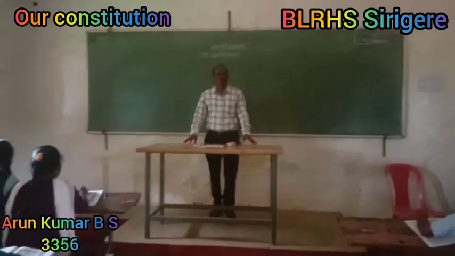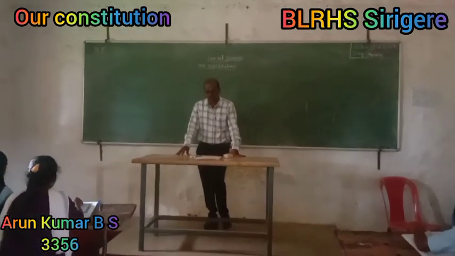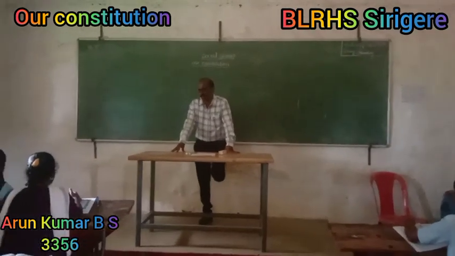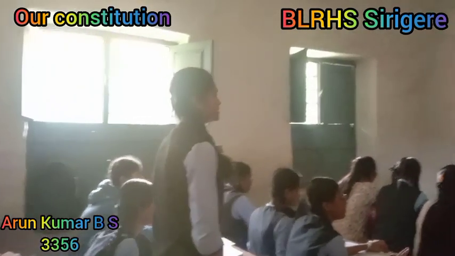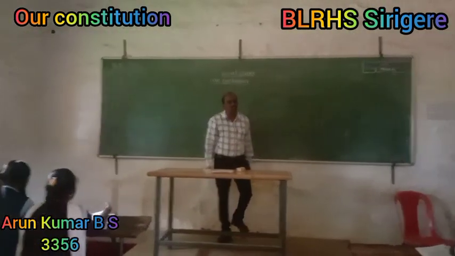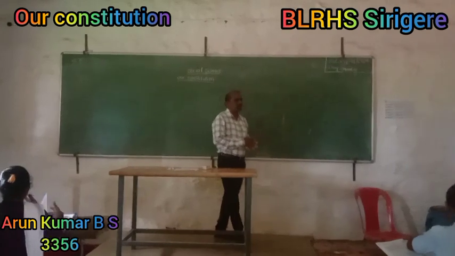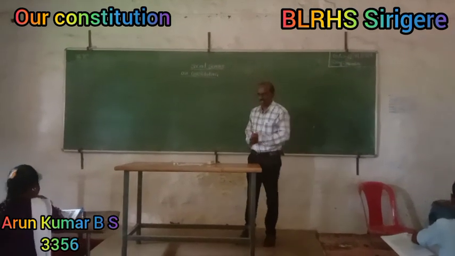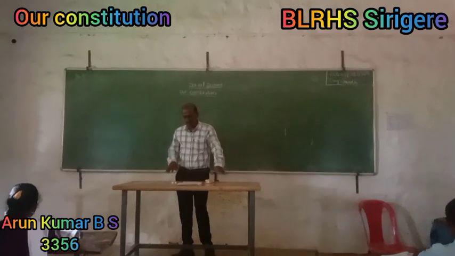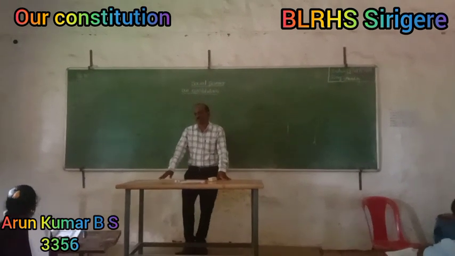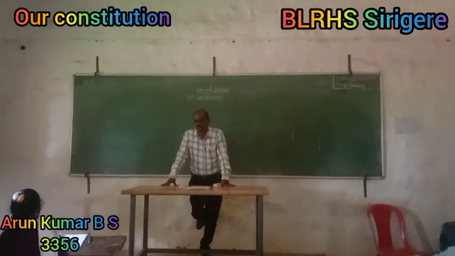So who was called the chief architect of the Indian Constitution? Dr. B.R. Ambedkar was called the chief architect of the Indian Constitution. So according to Professor John Roberts, what is democracy?